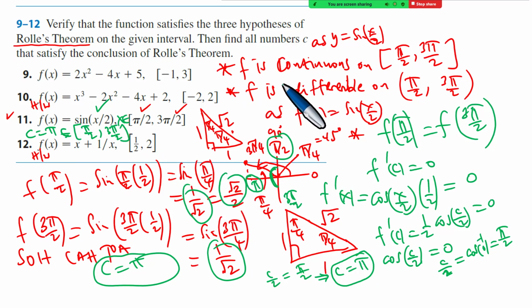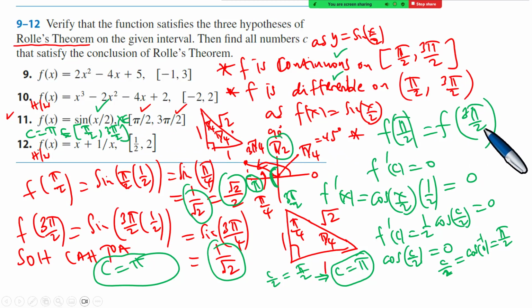We're supposed to first discuss the fact that this function satisfies the three hypotheses of Rolle's theorem. Continuity, differentiability: f is continuous as the trigonometric sine function is continuous everywhere, and f is differentiable on the open interval, continuity is over a closed interval, and also, moreover, we have the third condition that says f at a equals f at b, so f at pi over 2 equals f at 3 pi over 2.